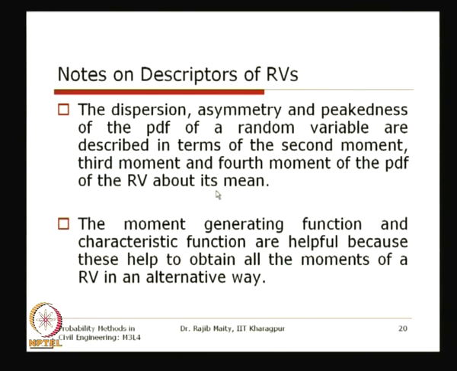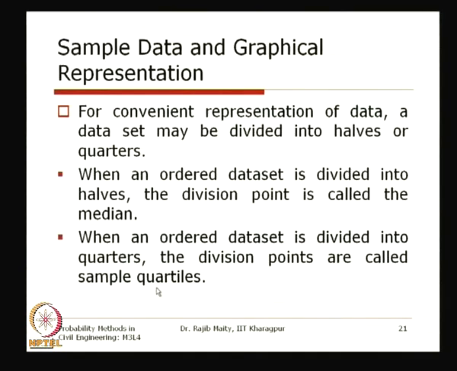This is important: when we want to know dispersion, asymmetry and peakedness, we take the moment with respect to its mean. And last, we saw that the moment generating function and the characteristic function are helpful because they help to obtain all the moments of a random variable in an alternative way.